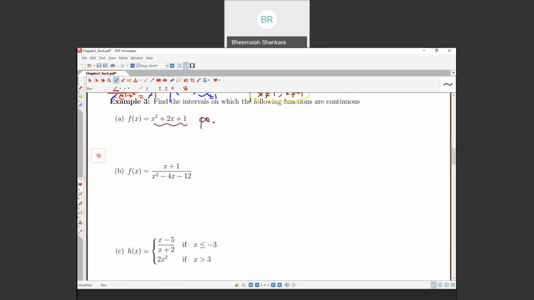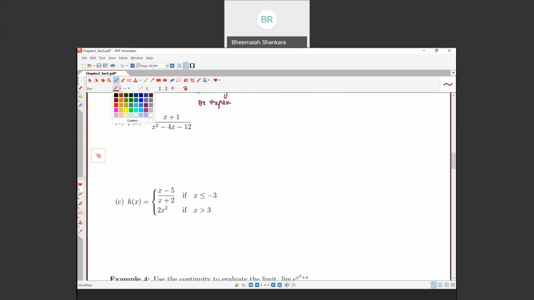So whenever you have a polynomial, or even when you have trig functions or exponential functions, and these are the only functions and they are in the numerator, then you can say that the interval on which the function is continuous is the set of all real numbers, negative infinity to infinity. The question is asking on what intervals the function is continuous. So the function is continuous on the entire real line.